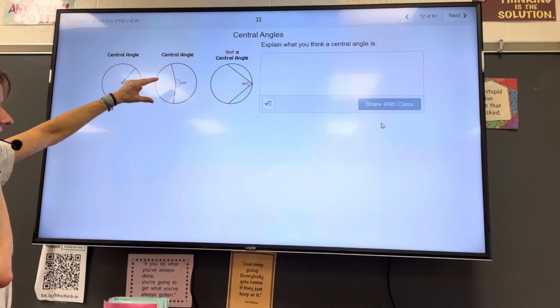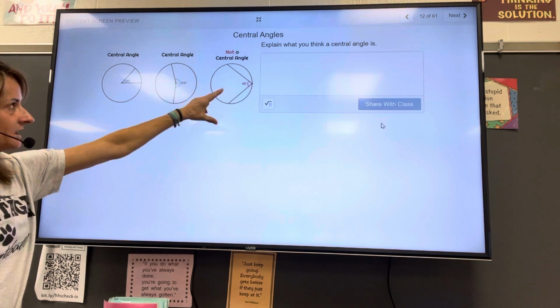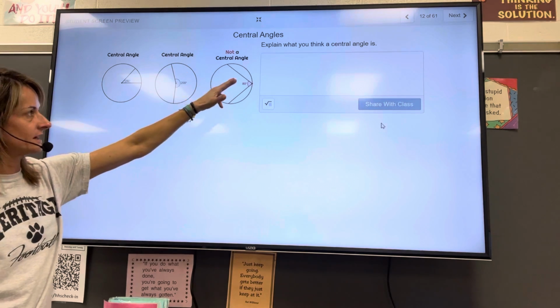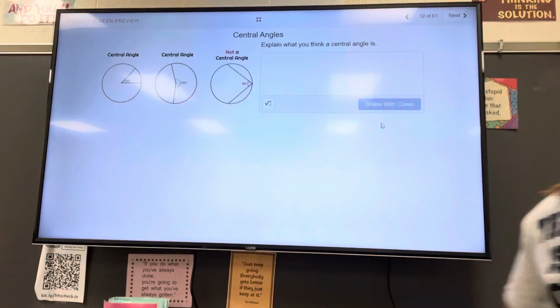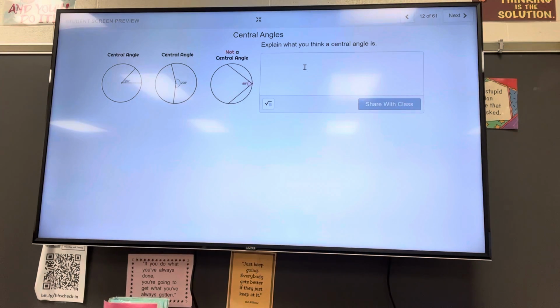Another central angle here, 200 degrees. This is not a central angle. Notice the vertex is not in the center of the circle. So we need to write that somehow. Central angles have a vertex at the center of the circle.